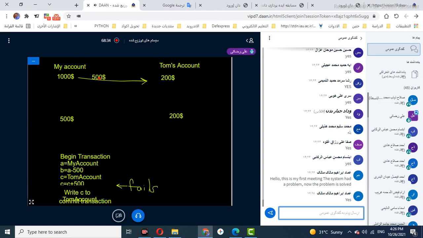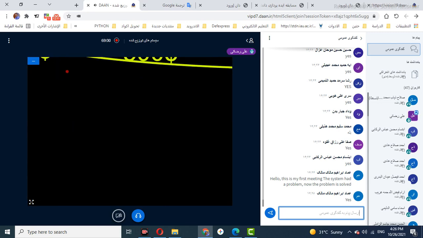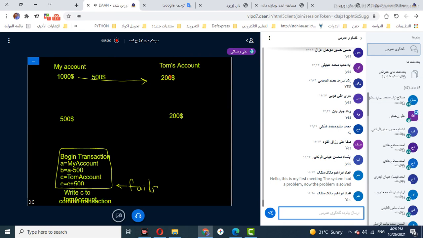It's strange because $500 is now lost, because here these commands were run, and now the amount of money in my account is decreased, and as we can see, the amount of money in Tom's account hasn't increased yet. So this is inconsistency.